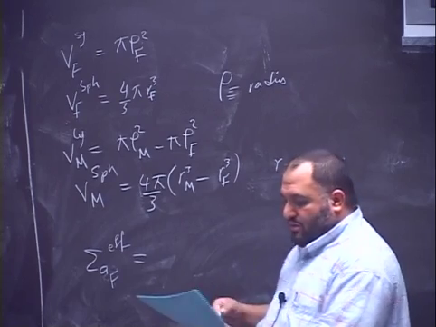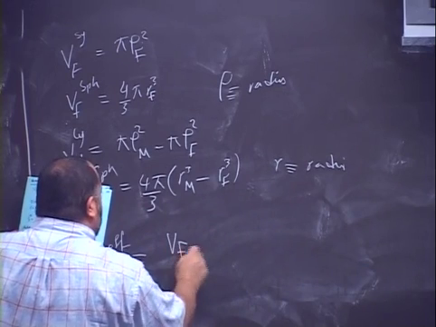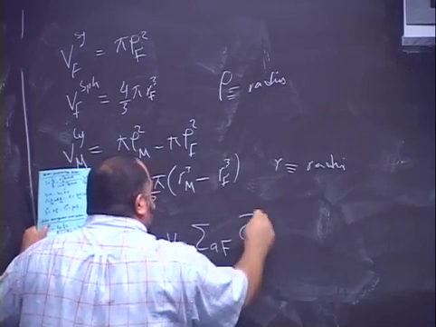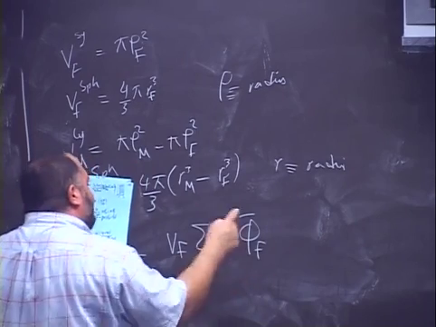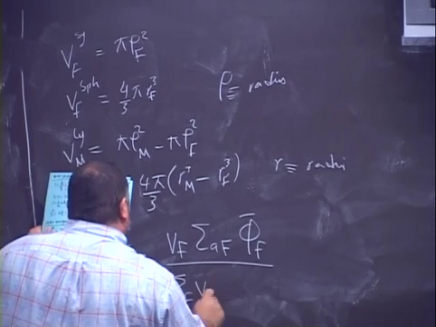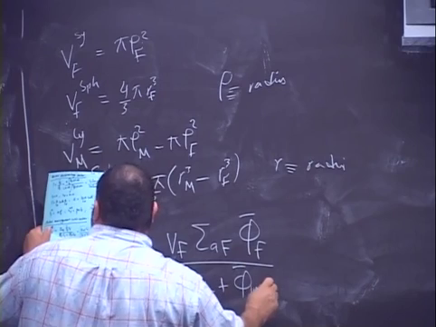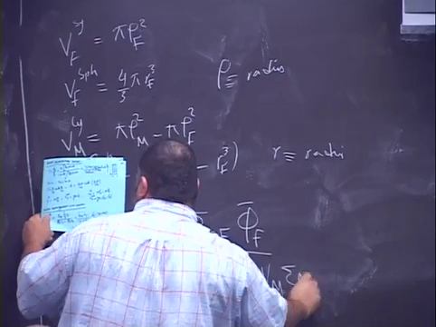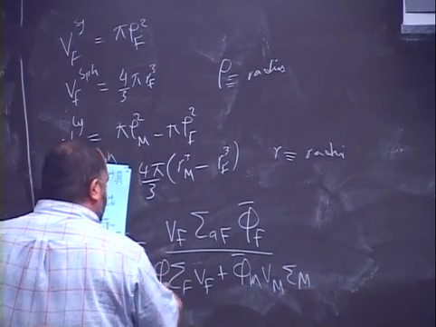So I say this is the volume of the fuel multiplied by sigma absorption of the fuel multiplied by the average flux in the fuel, so I take into consideration the fact that the flux in the fuel is different, divided by phi fuel, volume of the fuel, sigma fuel, plus phi moderator, volume of the moderator, sigma moderator. And this is phi fuel again.